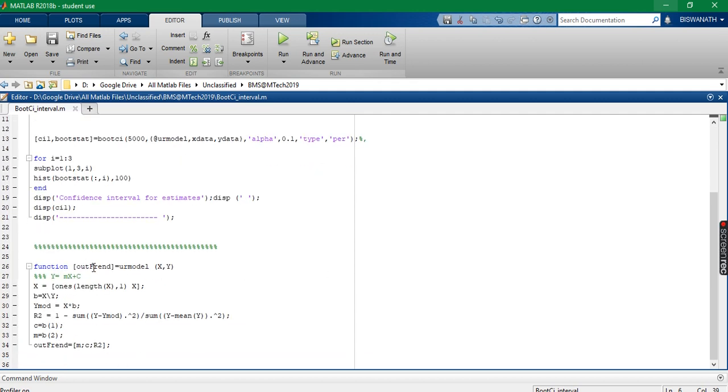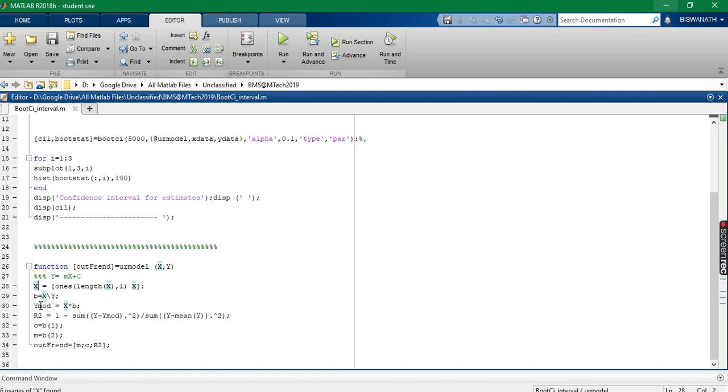That is actually a function we created where I will take the x value and y value. So it is actually linear regression. It is straightforward. So x equal to, I will put one value length. So in the x I will add one values of 1. Then if I say b equal to x by y, it will give you the intercept and slope. A very straightforward approach.